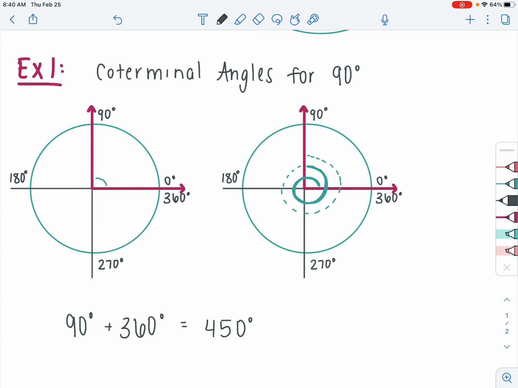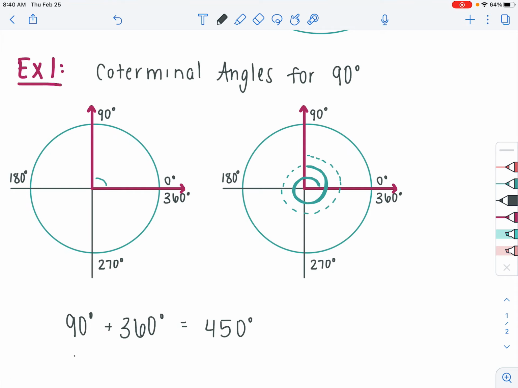So 450 and 90 are coterminal angles because they share the same initial side and the same terminal side. The only difference is to get to 450, I had to spin around multiple times. I had to spin around the circle to get to 90, then I had to keep spinning all the way around to get back to 90.